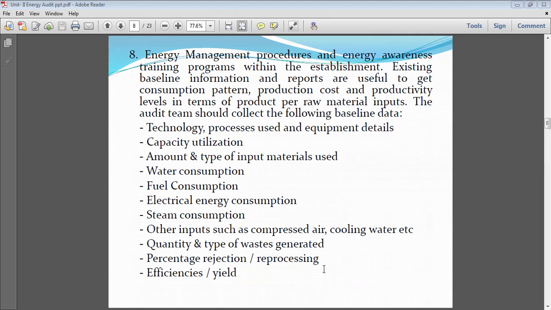So it is very much necessary to understand the material balance as well as the percentage rejection and reprocessing. Whatever the rejection is, it becomes scrap or it can be recycled and used again as raw material. So these are the points to be considered in the detailed energy audit.